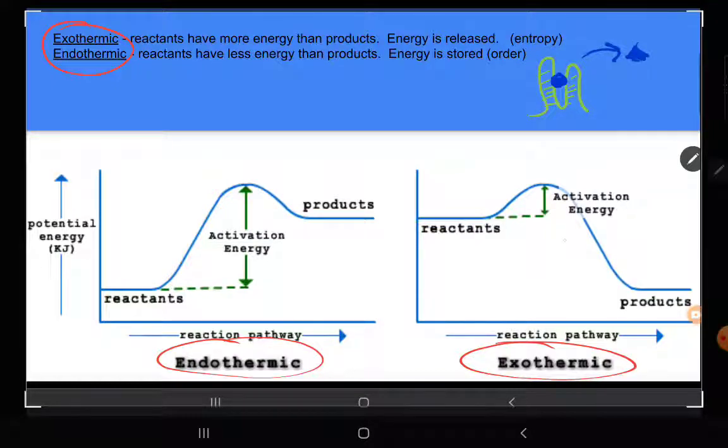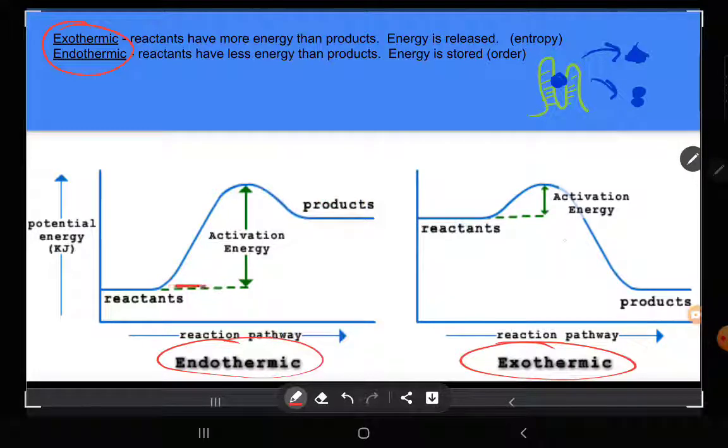Sometimes, I'm trying to think what else. Sometimes it smushes two things together. So maybe it will smush two of these together, meaning polymerize. So in either case, what an enzyme will do for such a reaction is it will reduce the activation energy.